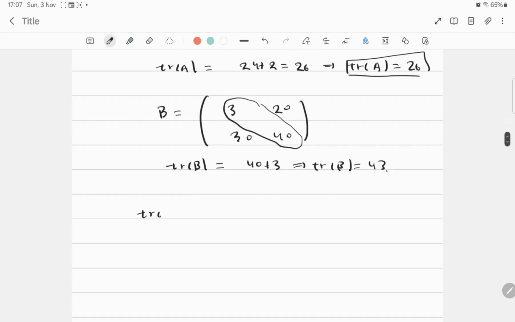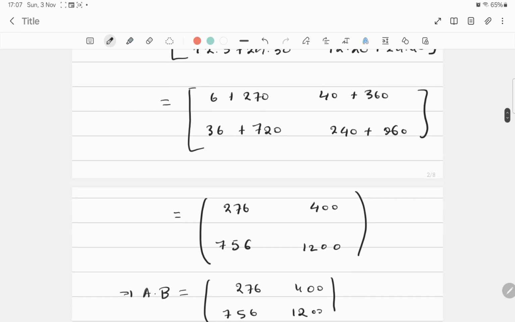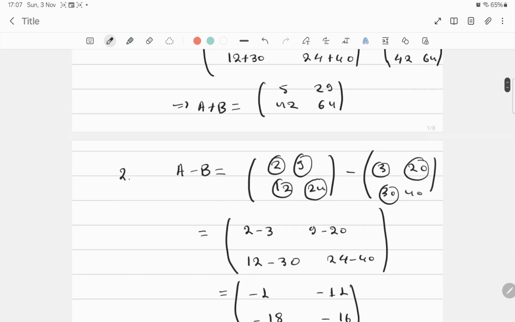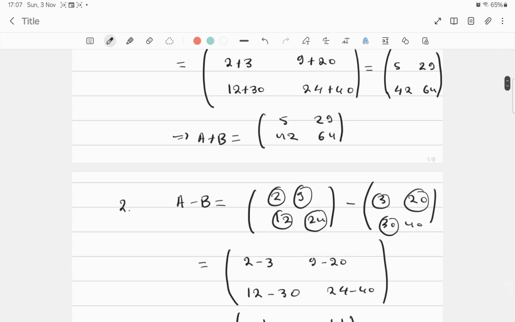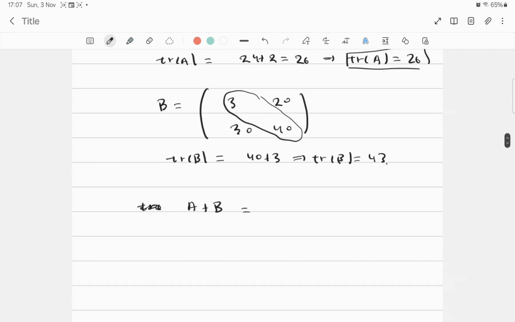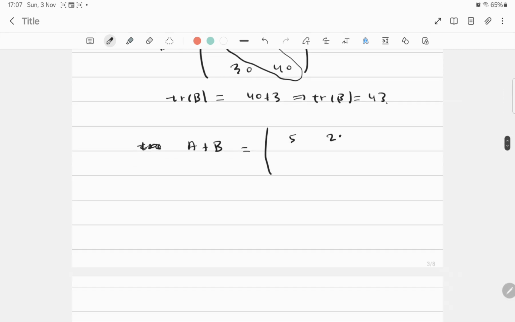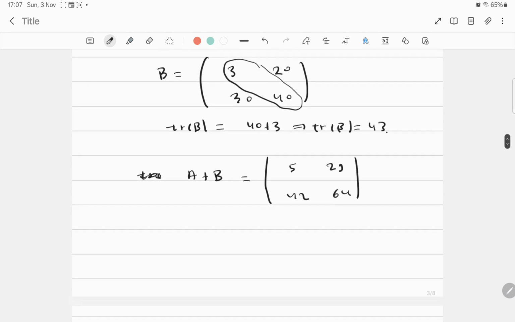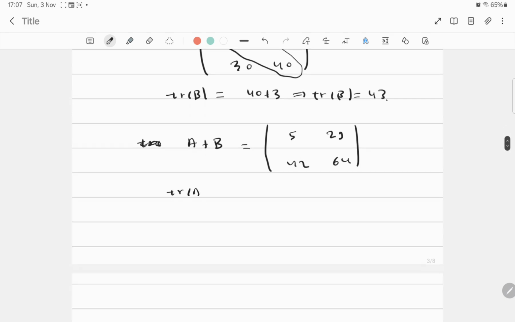The trace of, let's write A plus B. What is A plus B? 5, 29, 42 and 64. The trace of A plus B equals 5 plus 64.